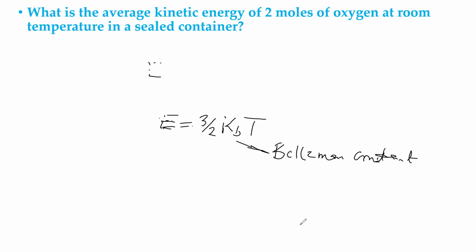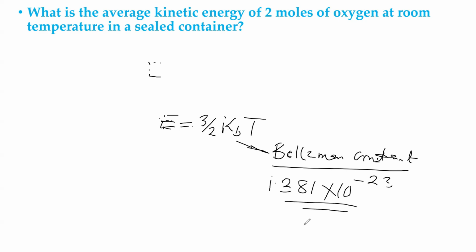This Boltzmann constant has a constant value, and the constant value is 1.381 times 10 raised to the power of minus 23.